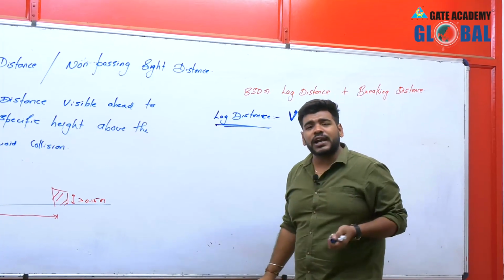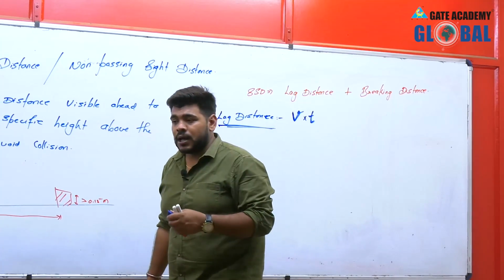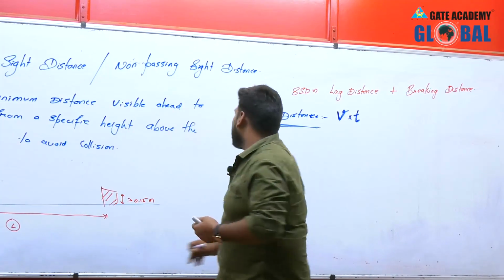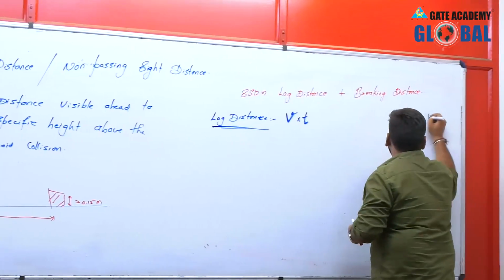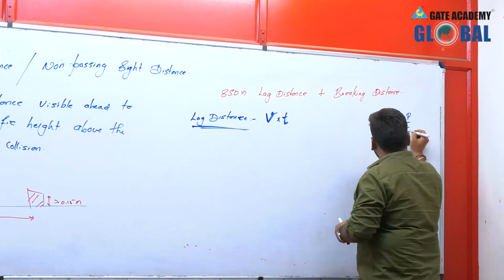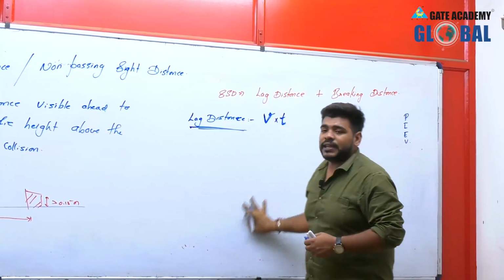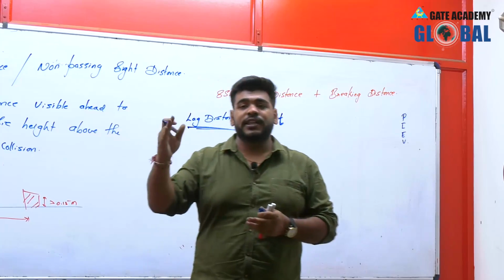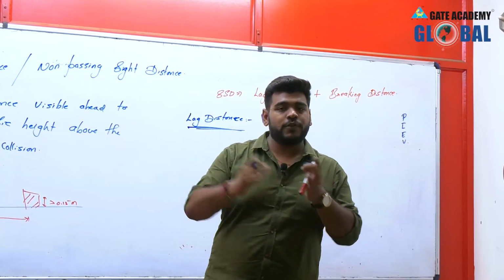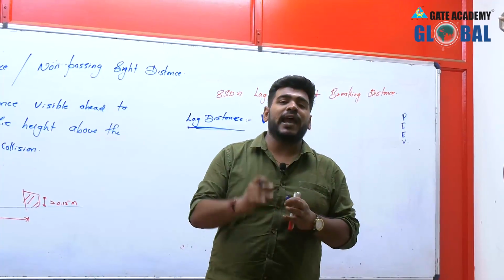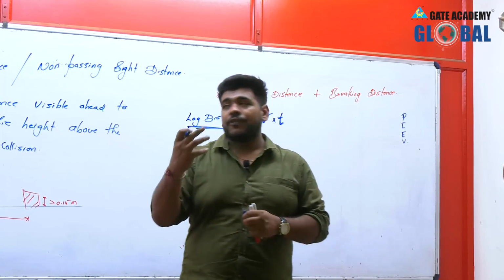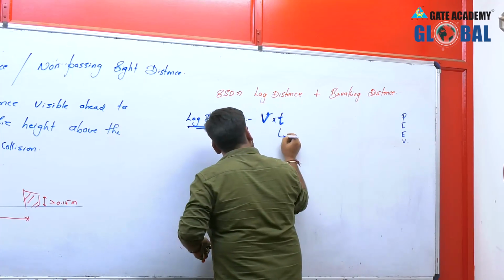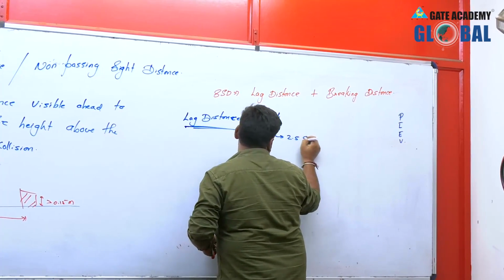How can this total reaction time be found? As per PIEV theory, this time t varies from 0.5 to 3 to 4 seconds, but generally as per IRC, the value for stopping sight distance is given as 2.5 seconds.